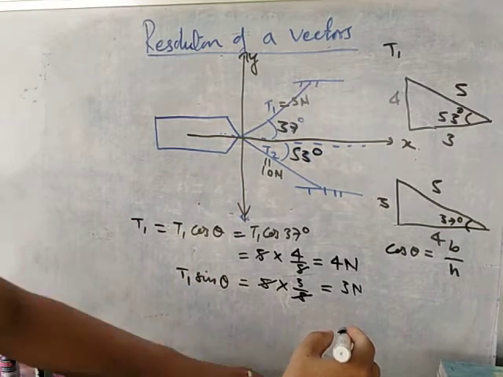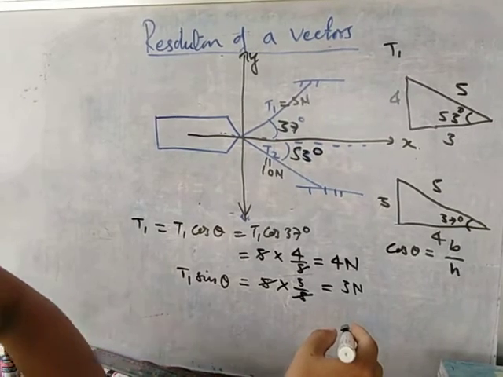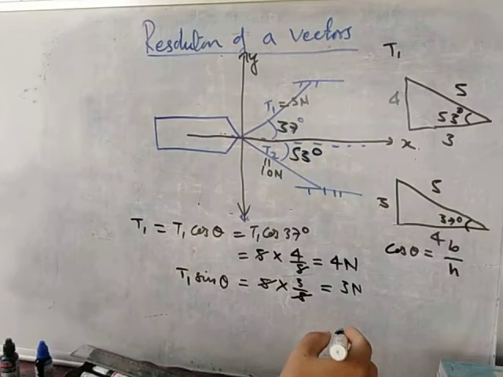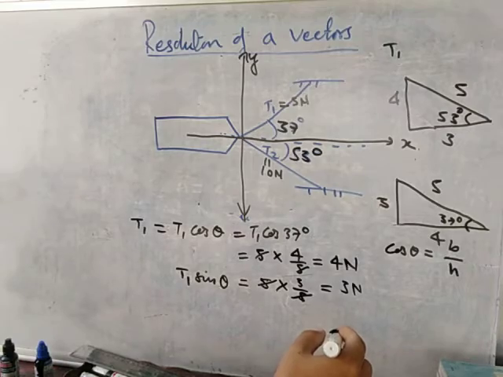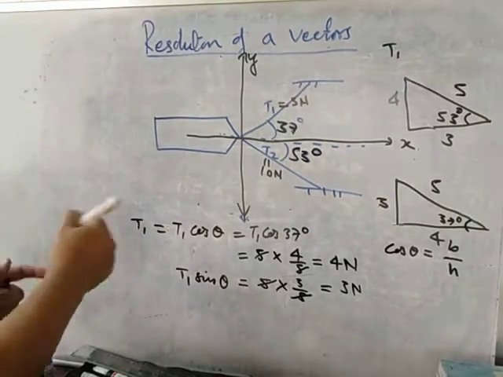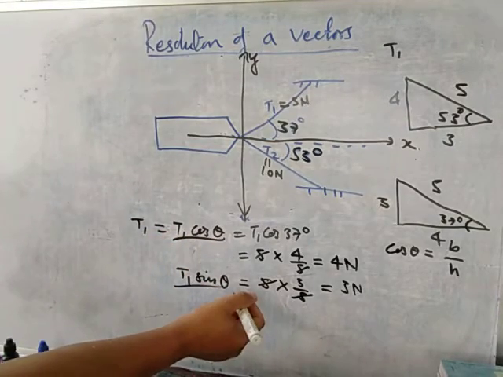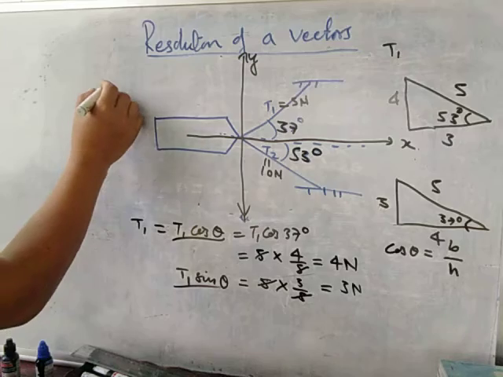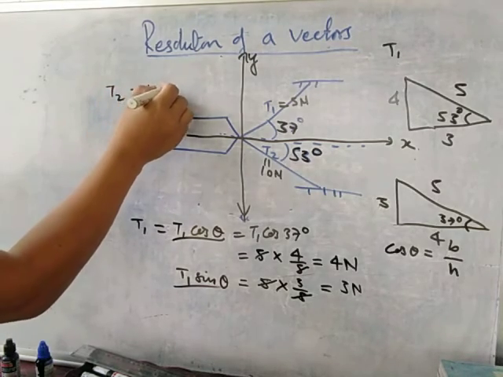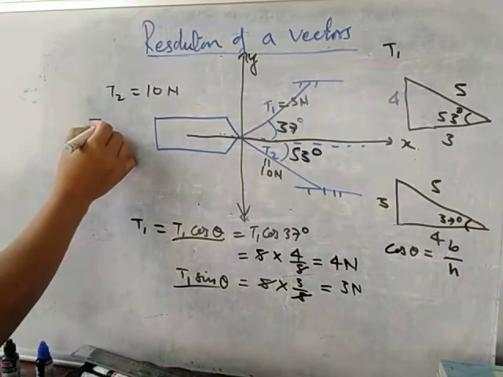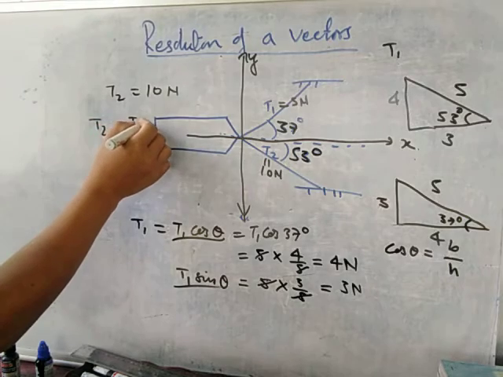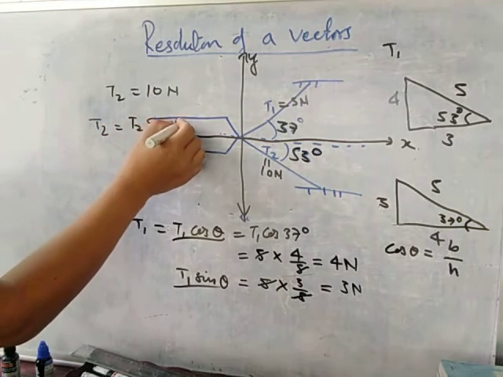Okay, right. So now we'll start next topic, that is your unit vector. Understood? T2 निकाल्दा के गर्छ नि? अब T2 को पनि दुईटा हुन्छ, एउटा T2 cos theta, T2 sin theta हुन्छ, isn't it? So हेर 10 न्यूटन छ कि छैन? T2 equals to 10 न्यूटन. So T2 sin theta.